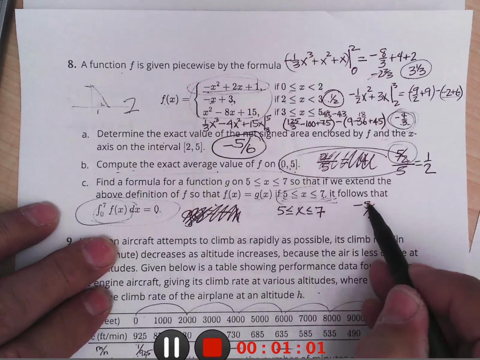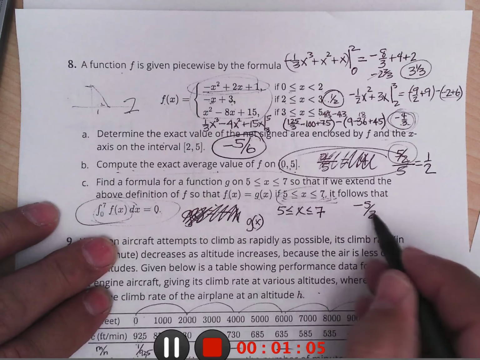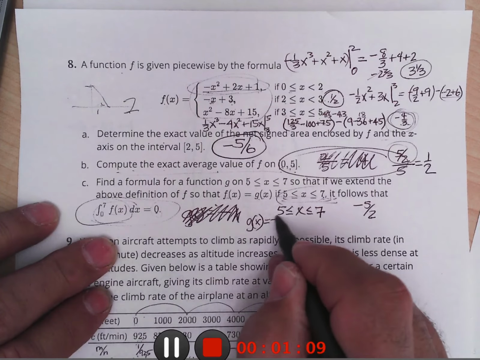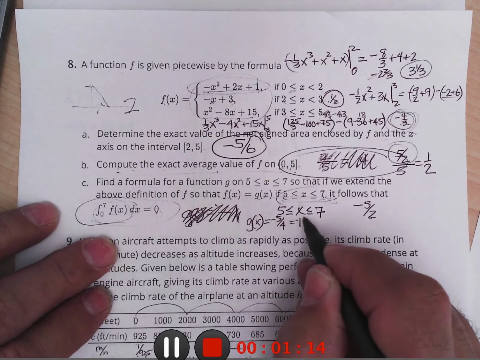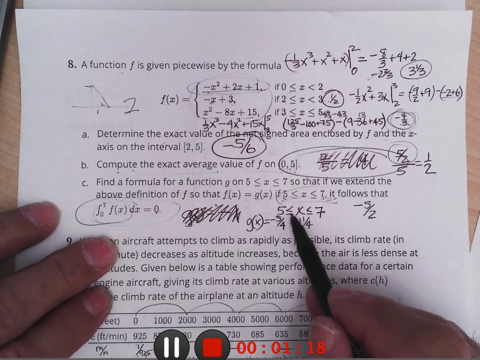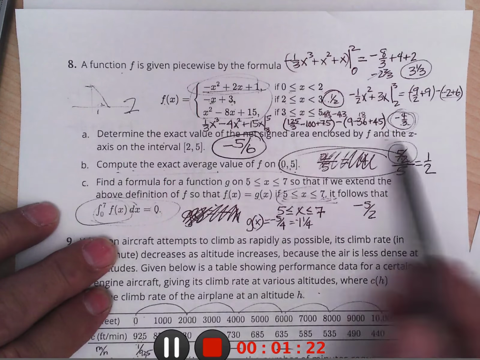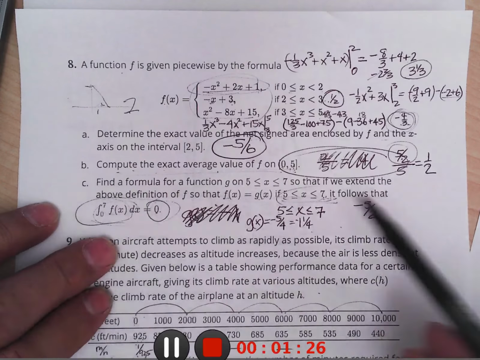So g of x would have to be half of that, or minus 5/4, or minus 1 1/4. So in the first unit, it would lose 1 1/4. In the second unit, lose 1 1/4, which would lose all of the 5.5 we had up till now, and that would get us to 0 by the end of 7.